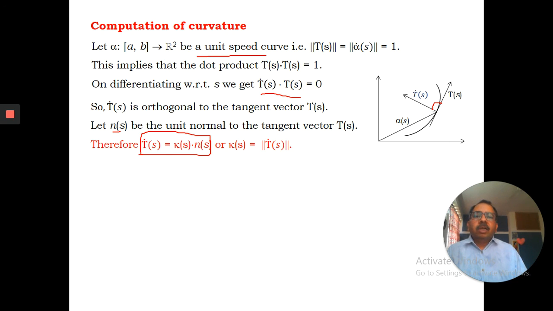I have defined curvature only for a unit speed curve, so this formula is not valid for any curve. Suppose we are given some curve which is not a unit speed curve. We need to first convert it into a unit speed curve, then take its tangent vector, then take the derivative of the tangent vector, and then take the norm of that derivative. That norm will give you kappa(s), which is called the curvature at the point s.